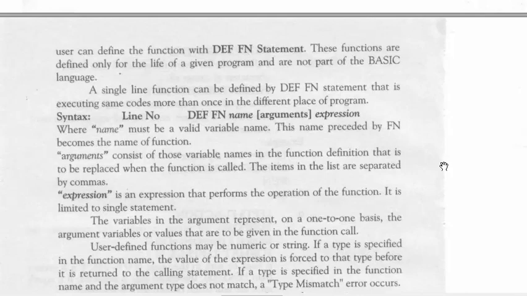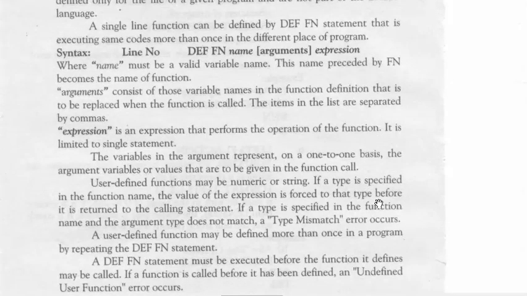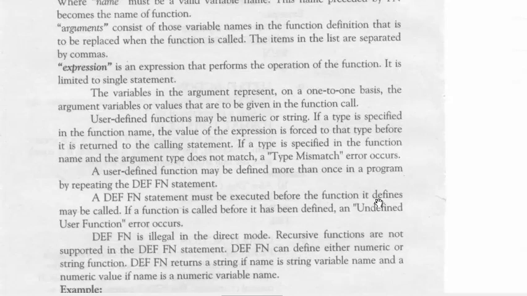User-defined functions may be numeric or string. If a type is specified in the function name, the value of the expression is forced to that type before it is returned to the calling statement. If a type is specified in the function name and the argument type does not match, a type mismatch error occurs. A user-defined function may be defined more than once in a program by repeating the DEF FN statement.